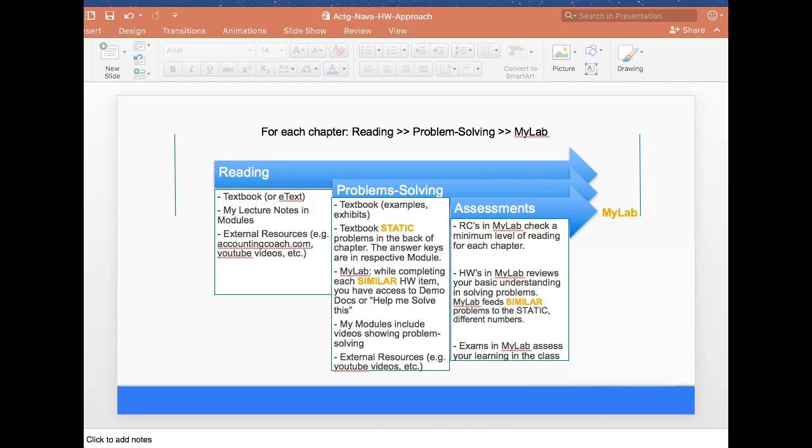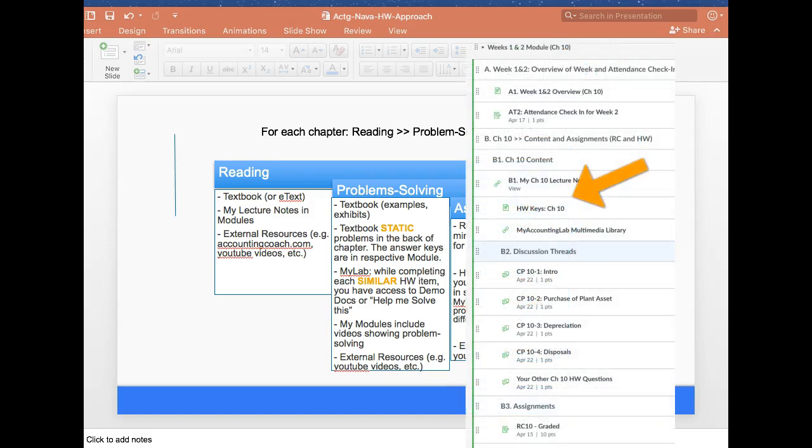Aside from your textbook, you can refer to my lecture notes in my chapter modules or to external resources on the web. For problem solving, you can study the textbook examples and exhibits. Additionally, you can study how the textbook's static problems were solved by reviewing the related answer keys that I posted in my modules. We will come back to the notion of static versus similar problems in a second.